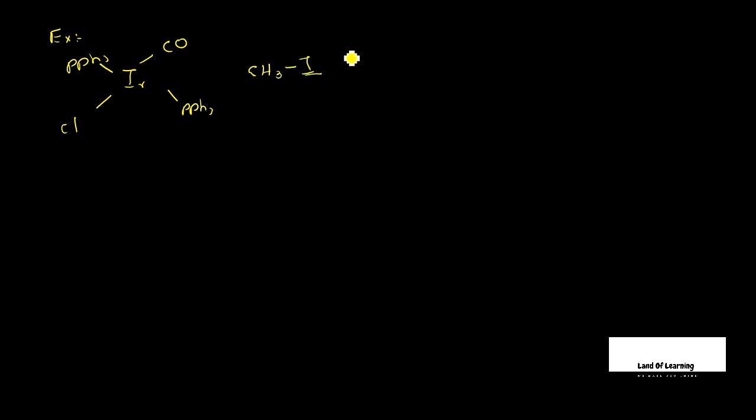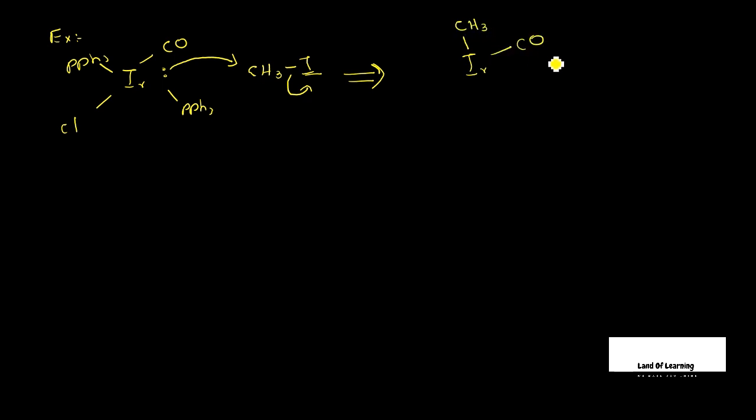So now what happens is, you can see our iridium metal center will attack our carbon here, which will cause this bond to break. So we will have our product like here we have our CH3 over here.